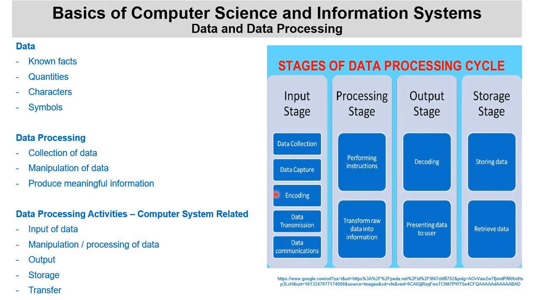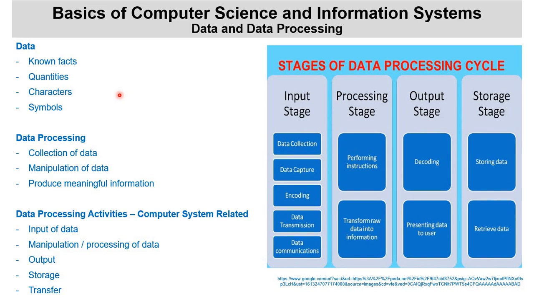Basically, to talk about computer science or computer or even science, you need to understand some fundamentals like data and its processing. When you have raw information, known facts, quantities, for example the number 32, it's just data. Or if you say the name of a person, it's just data.